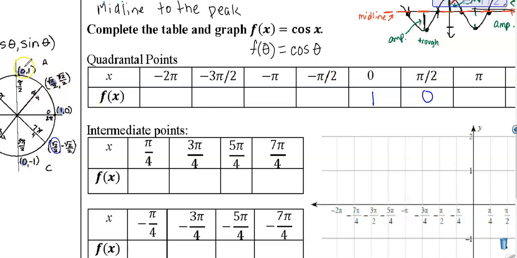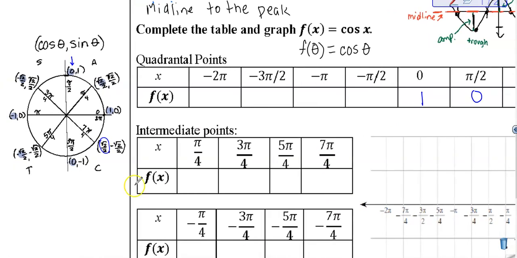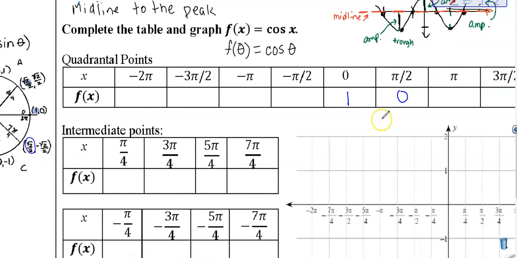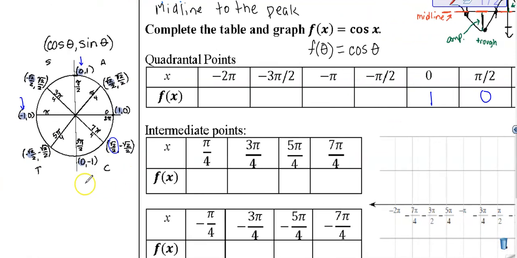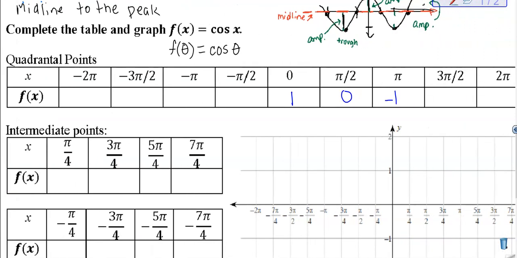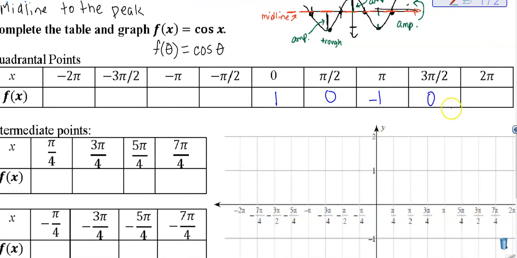Right here. 0. What about at pi? Pi radians, the cosine of pi? -1. Okay, now we're looking for the cosine of 3 pi over 2. So we go to 3 pi over 2, 0. And then at 2 pi, we're back.